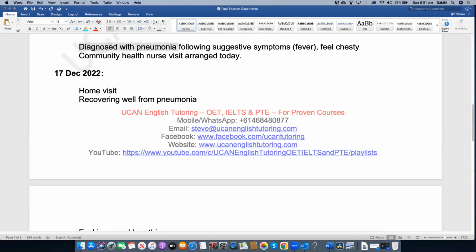When you say diagnosed with pneumonia, however, she has been recovering well from that. So you can write like this. You can write these two things together in one sentence. You don't need to write them down separately. All right. Is this clear with everyone? Yes, sir. Okay. Now let's go to the next one.